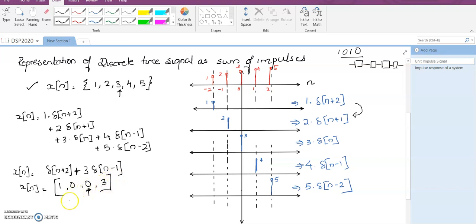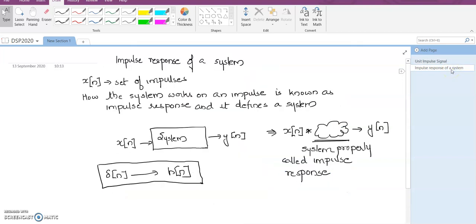So in between you have 2 positions, minus 1 and 0. That is why I have inserted the 0 samples here. So essentially this equation would convey that it is of this particular sample sequence. You could get a question of that sort, and hence you're supposed to prepare it in that way.